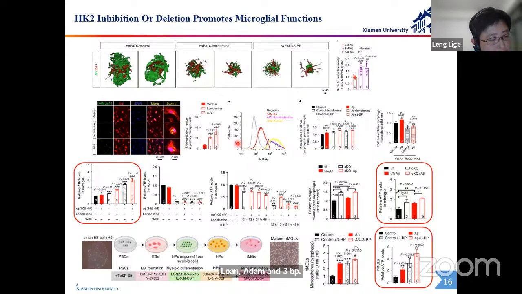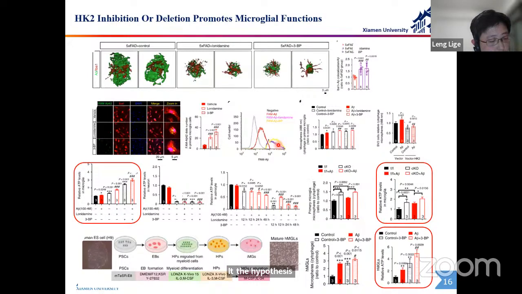Since A-beta itself can elicit the phagocytosis of the microglia, to test whether lonidamine or 3BP can promote microglia phagocytosis in the absence of A-beta, FAM microspheres alone were used to evaluate the phagocytosis.